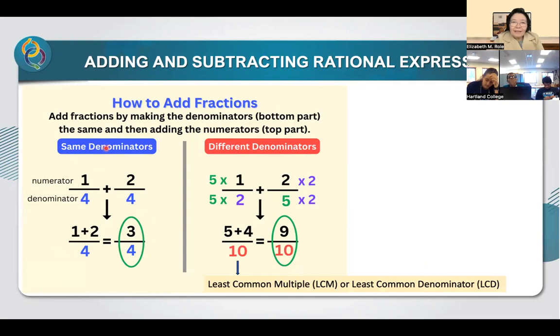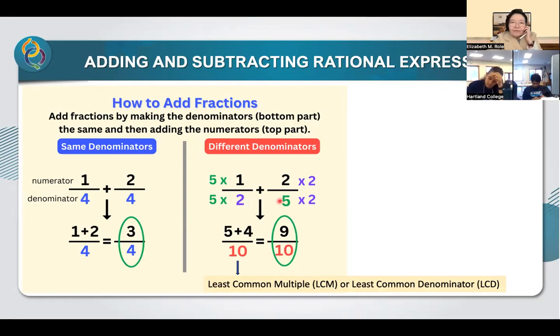But if your denominators are different, I think you remember this before, I have now 1/2 and 2/5. 2 and 5 are not the same. We want to make them the same by making sure that they will have the same multiple.